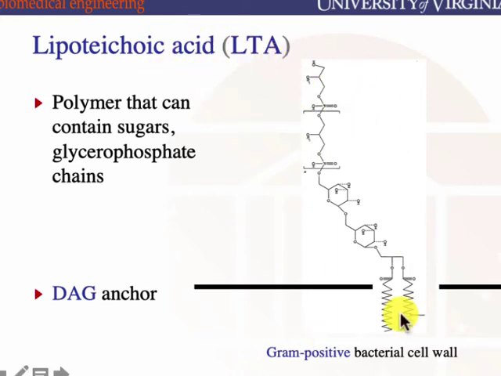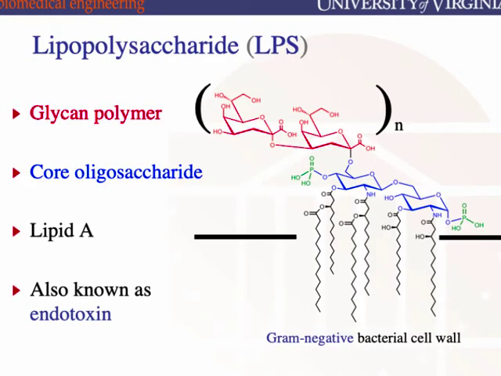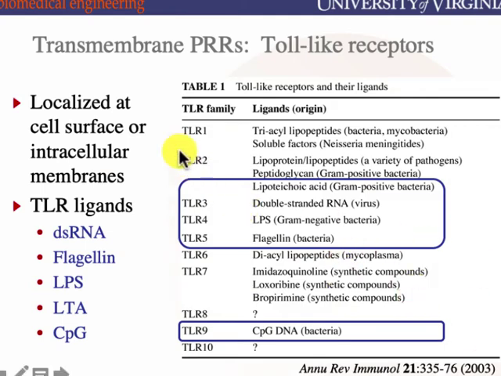And so LTA is going to be expressed on these gram-positive cells. So you can see here TLR2 is going to be primed for binding, detecting and responding to gram-positive bacteria. TLR4 is going to be responding to gram-negative bacteria.